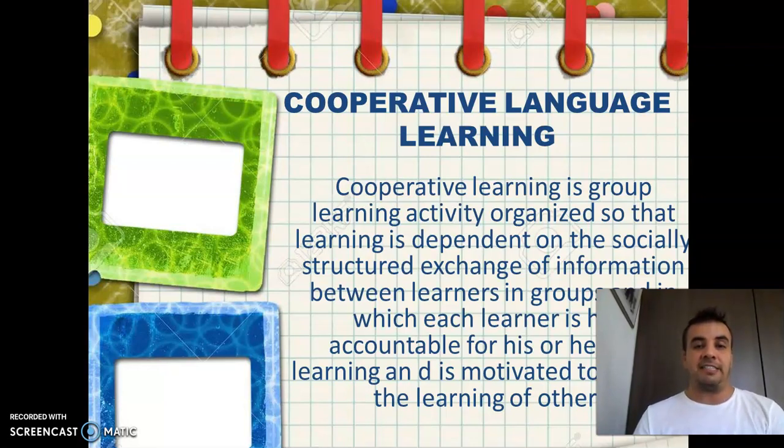Then after that they can express that knowledge to other students, and this is the way of cooperative language learning.